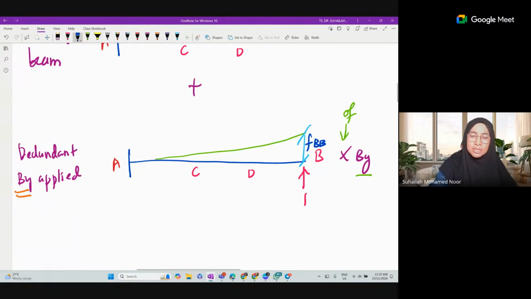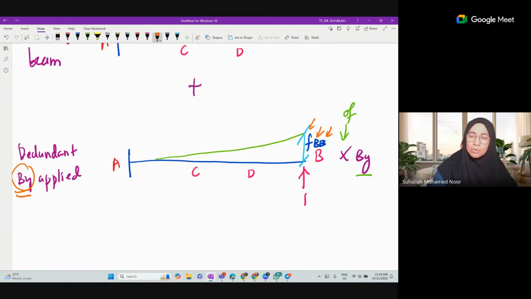So for the first notation, this is displacement. This is the position. This is the type of beam, BY. Okay, F, because this is for redundant.